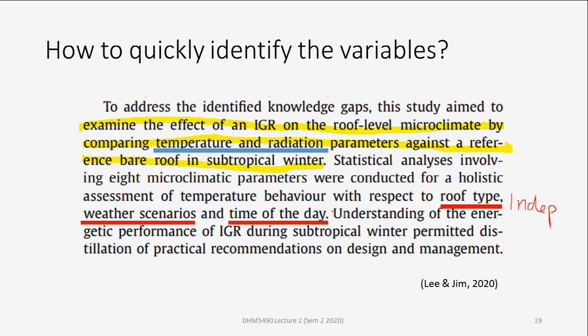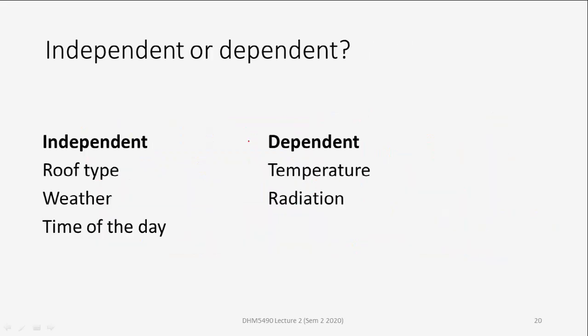And there could be a research hypothesis as well. The daytime temperature is warmer than the nighttime temperature. Is it so? So these are the independence variables or the factors affecting the dependence variables, temperature and radiation. It's like this.